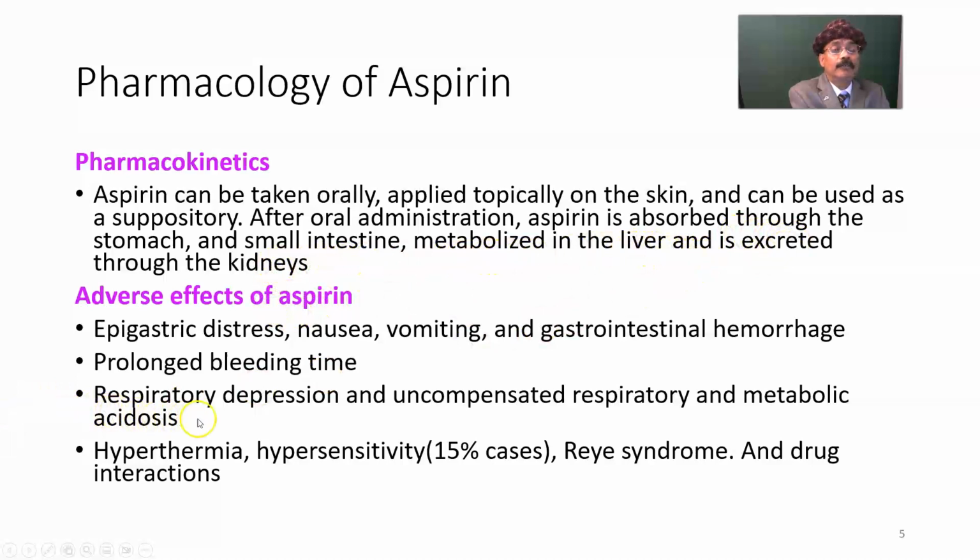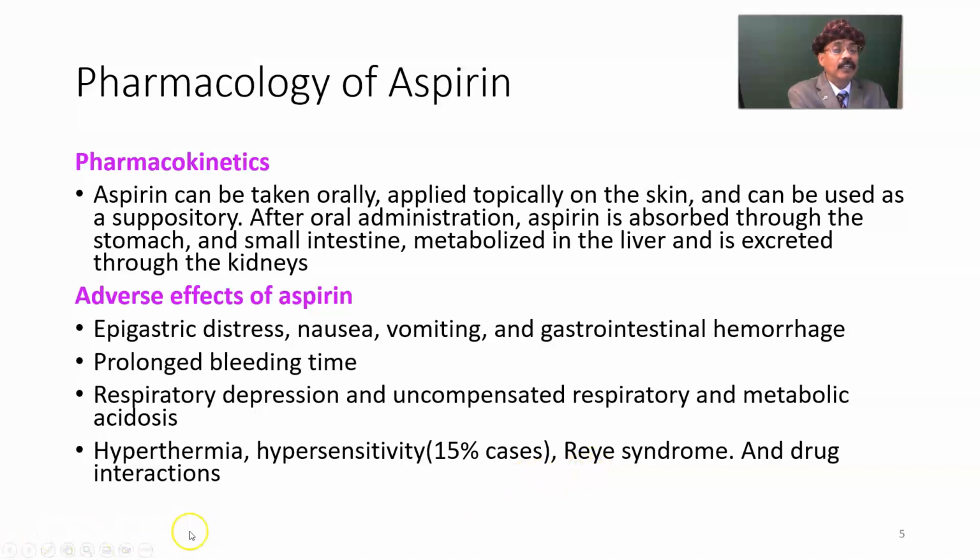Adverse effects of aspirin: epigastric distress, nausea, vomiting, gastrointestinal hemorrhage, prolonged bleeding time, respiratory depression and uncompensated respiratory and metabolic acidosis, hyperthermia, hypersensitivity in 15% of cases, and Reye's syndrome, that is, hepatic encephalopathy, seen in children whose liver is not matured.